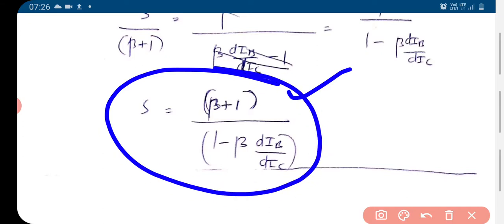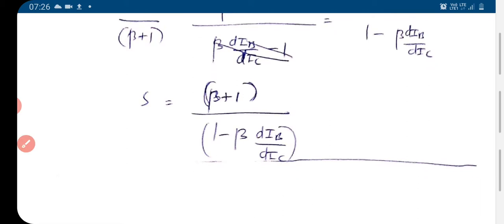This is the stability factor in the case of the common emitter connection, which is the most commonly used one.